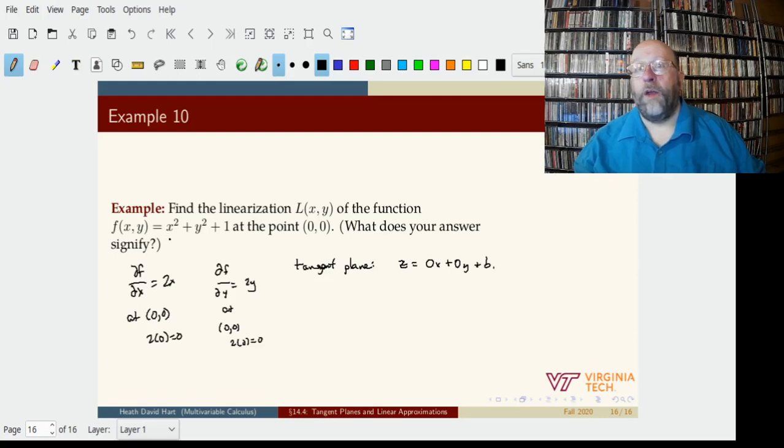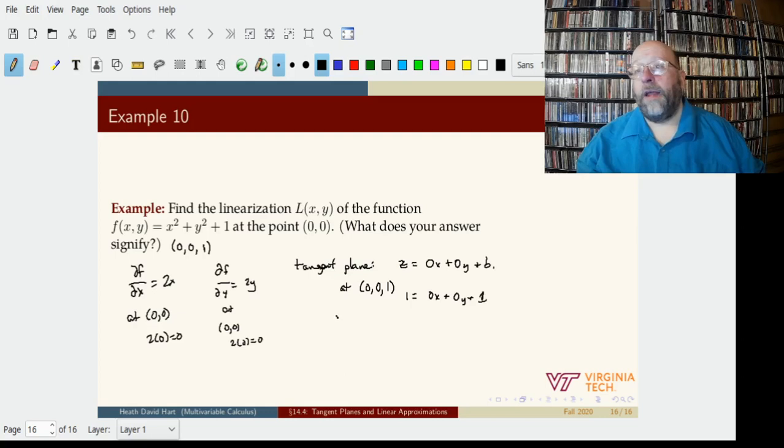In the original function, when x is 0 and y is 0, z would be 0 squared plus 0 squared plus 1. So at the point 0, 0, we know that z is equal to 1, so 1 is equal to 0x plus 0y plus 1.